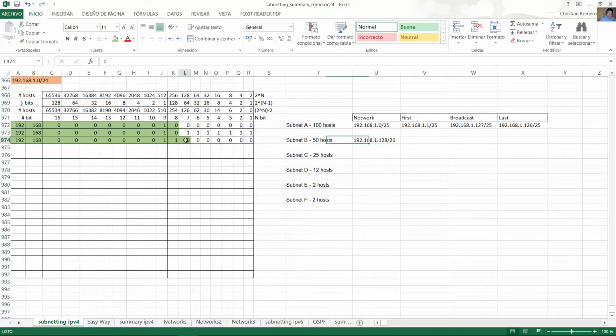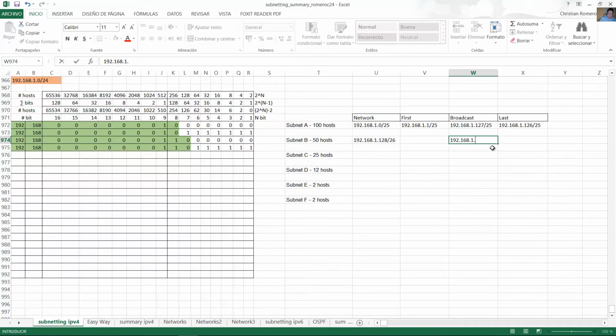Okay, to allow the broadcast, copy the network portion and fill the host portion with number 1, and the broadcast is 192.168.1. This binary number in decimal is 128 plus 63, and the result is 191. Same subnet mask.